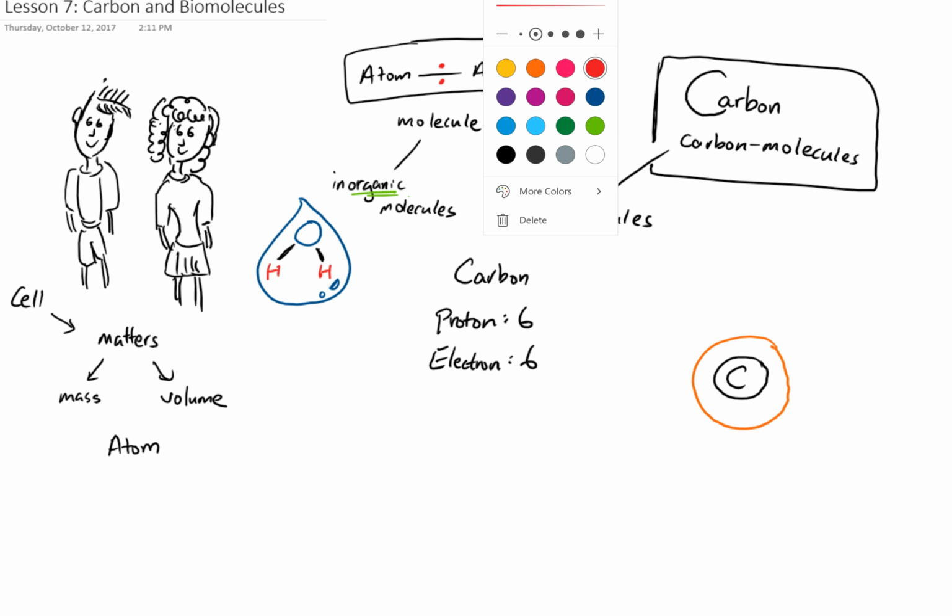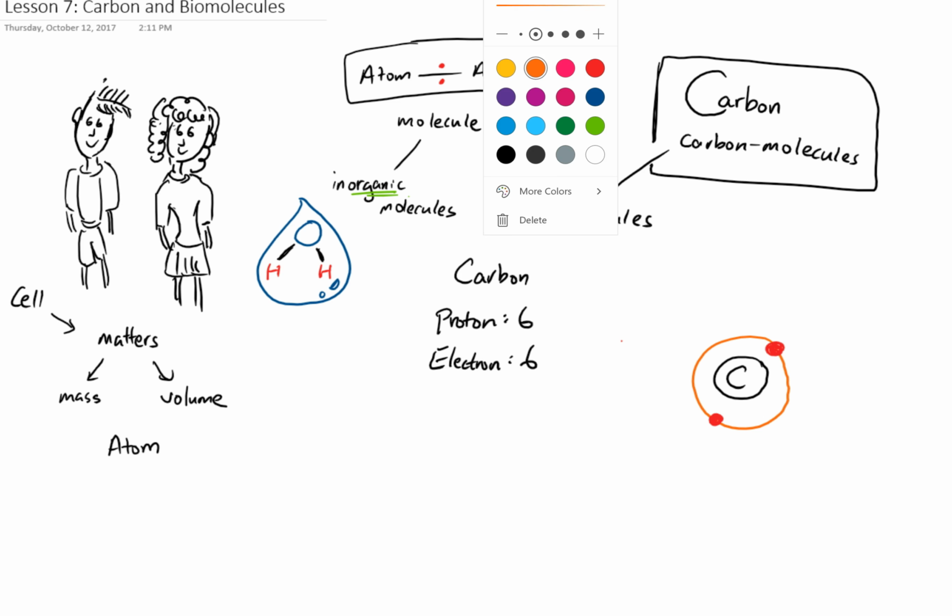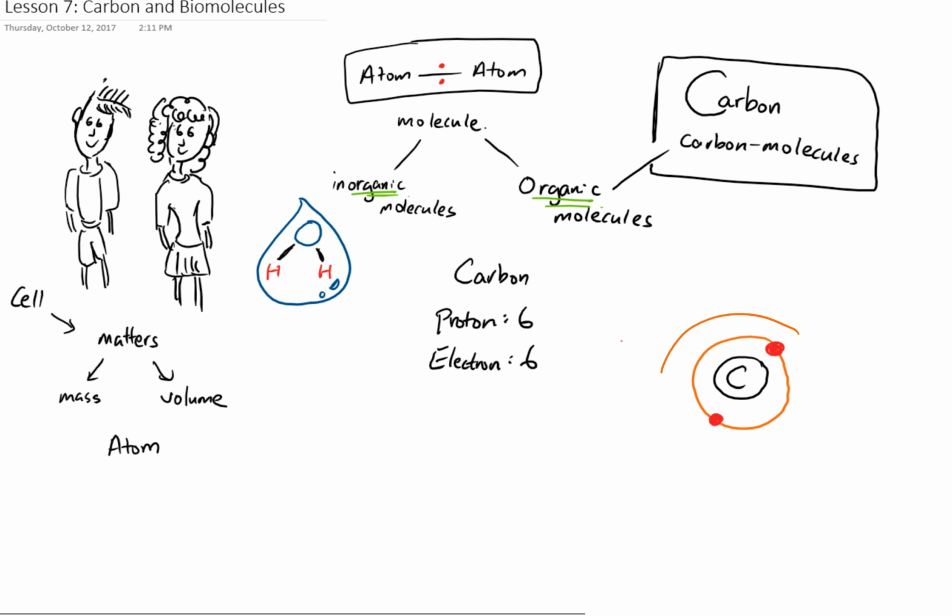We know that the innermost shell can only hold a maximum of 2 electrons. So there will only be 2 electrons in the first level shell. So now I have used up 2 electrons. So 6 minus 2, I only have 4 electrons left, right? So these 4 electrons will have to go to the second shell. So I'm just going to erase this and draw my second shell.